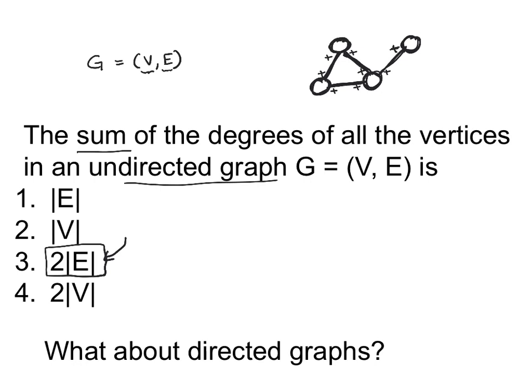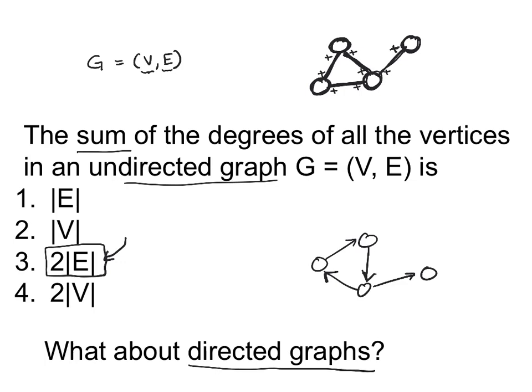Now, what if we ask the same question about directed graphs? In case of directed graphs, let me just make a simple directed graph here. When we have directions on edges, we can't just talk about the degree of a single vertex because we need to distinguish between edges that are going out and edges that are coming in.